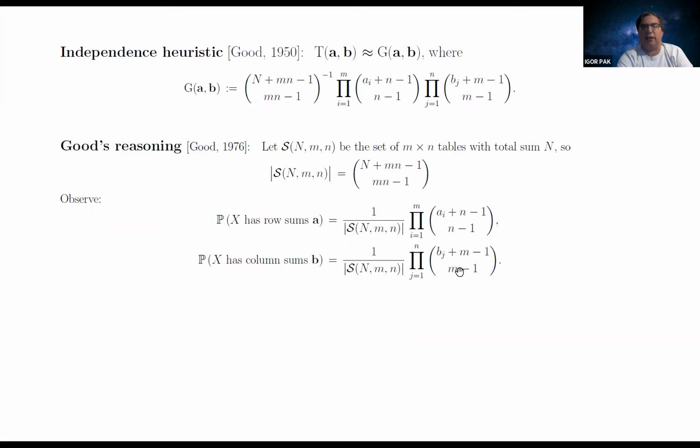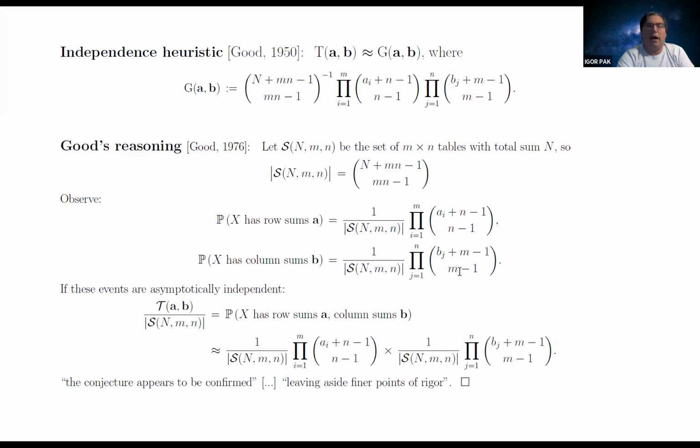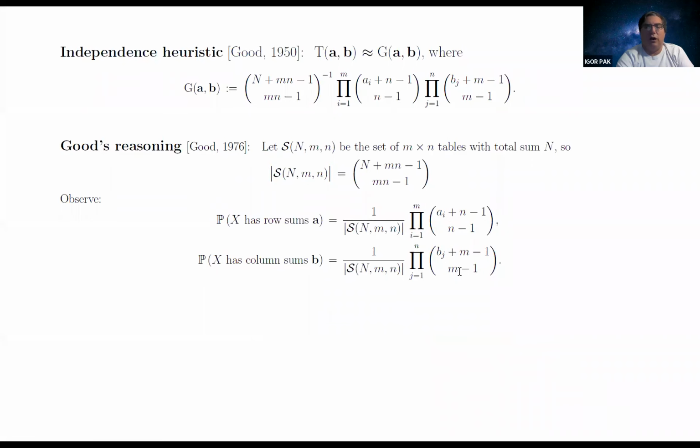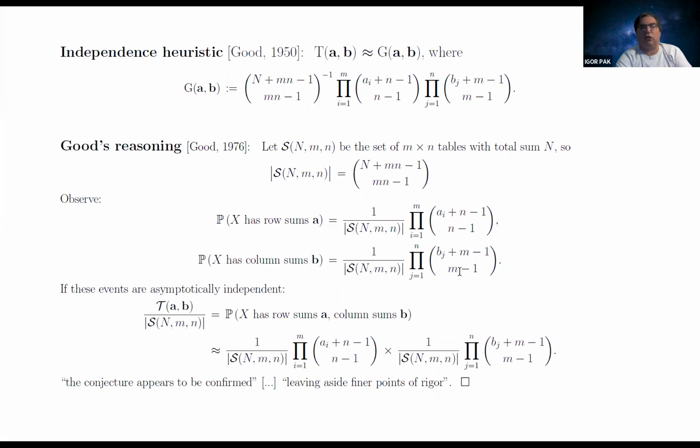This one is with the a_i and this one is with the b_j. Now all you need to do is to think of independence. What we need is both row sums and column sums to be exactly right. Now let's assume that the conditions of having row sums a and column sums b are independent.